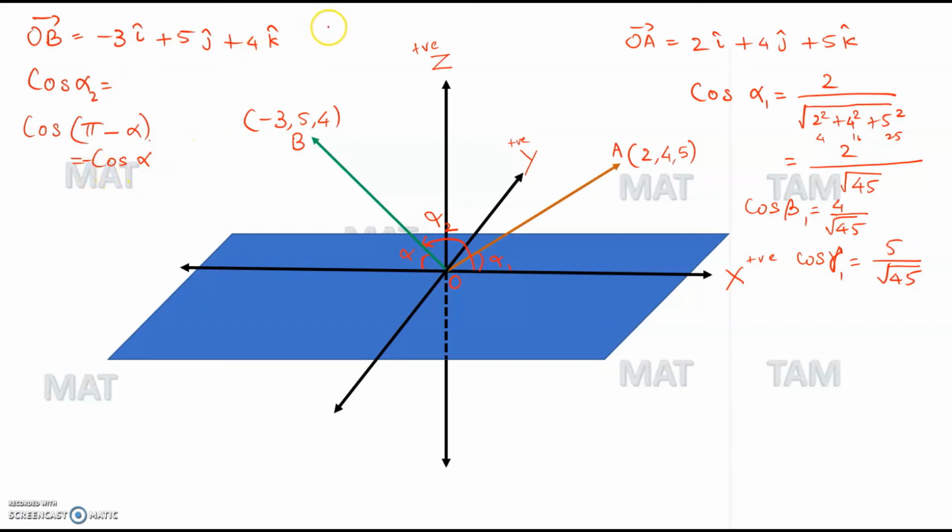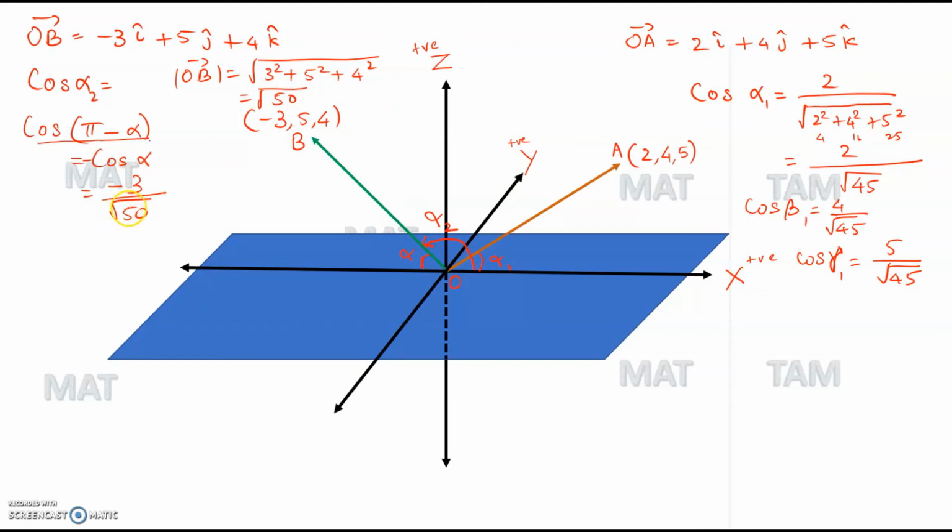So what is our OB vector magnitude? That's square root of 3 squared plus 5 squared plus 4 squared, which is equal to square root of 50. So cos of pi minus alpha would be minus cos alpha, and that would be minus 3 over square root of 50.